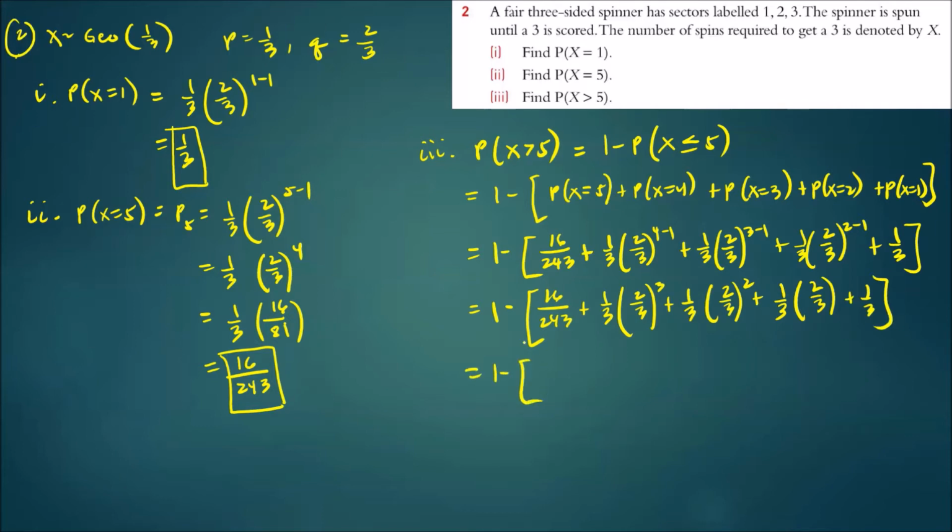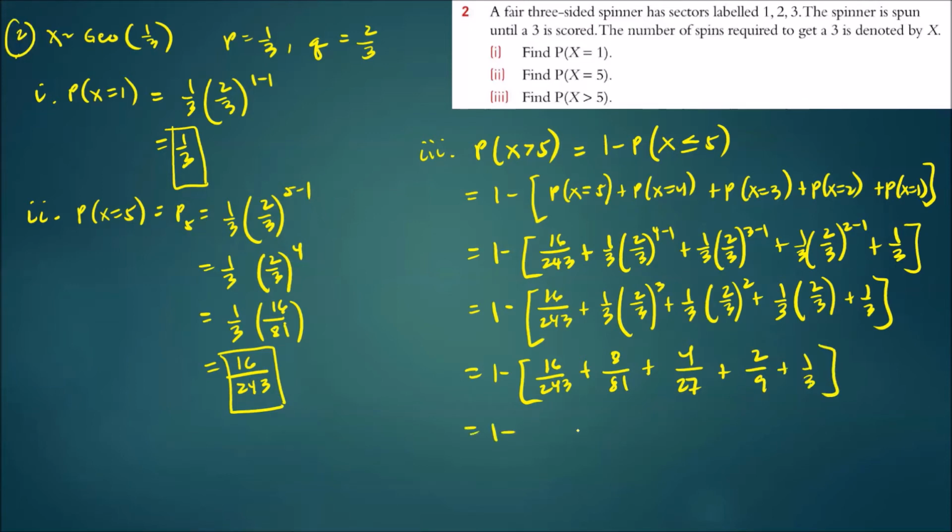So we have 1 minus [16/243 plus 8/81 plus 4/27 plus 2/9 plus 1/3].